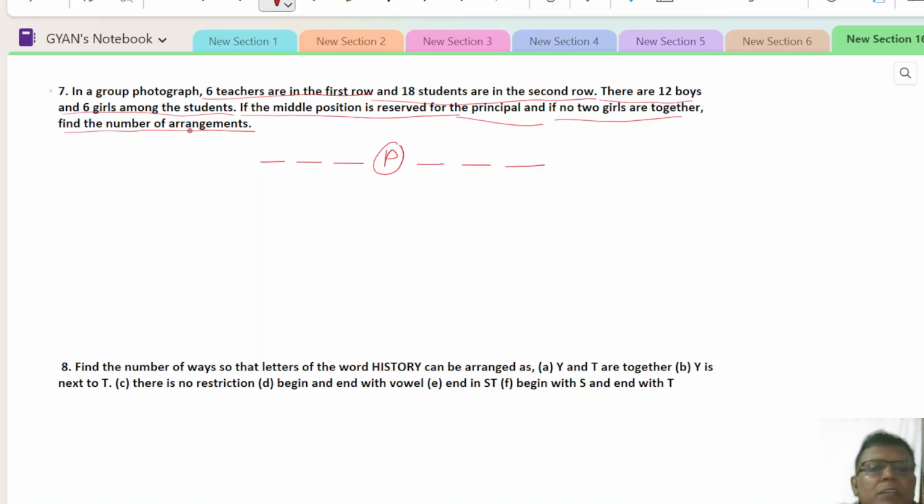Now no two girls should be together. So if no two are together, then we must see the opposite. Opposite means boys. So make places for the boys. So 12 boys, so you have to make 12 places. 1, 2, 3, 4, 5, 6, 7, 8, 9, 10, 11, and 12. 12 boys positions are made.